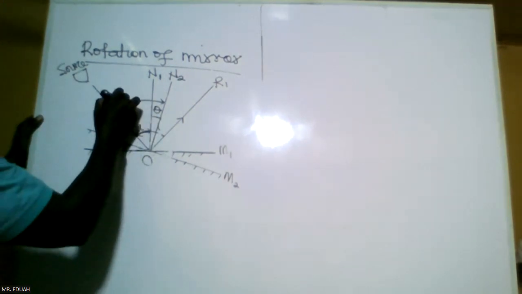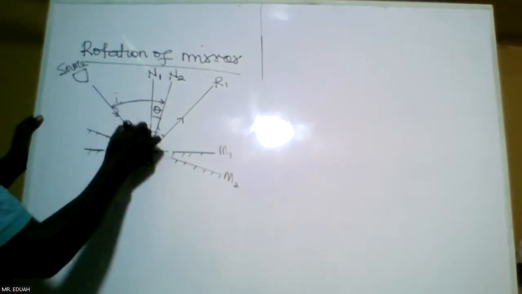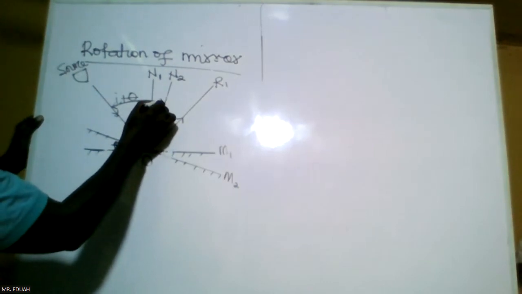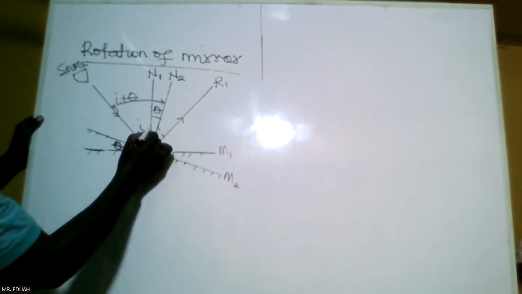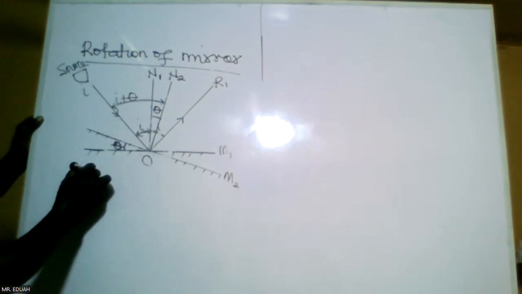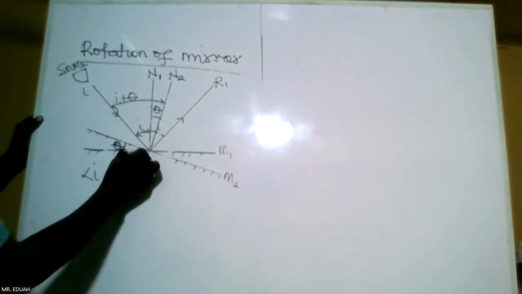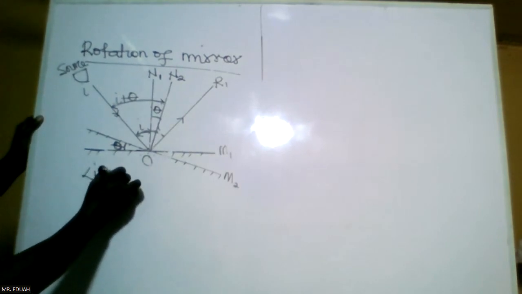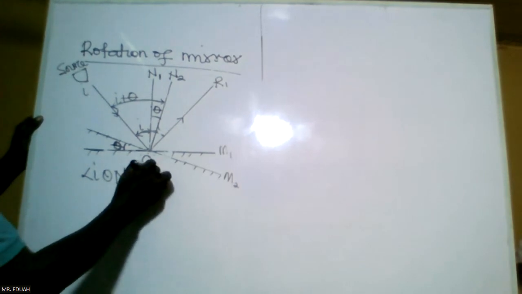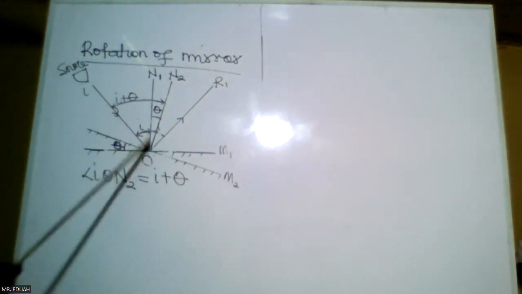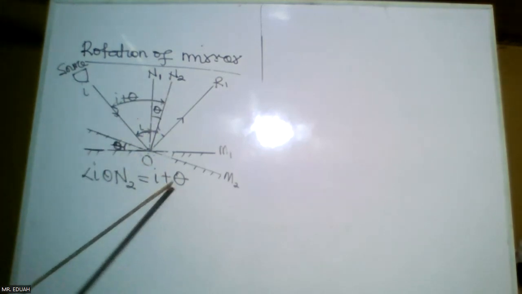So we have I plus theta becoming the second angle of incidence, because this is I and this is theta. Angle I O N2 equals I plus theta.